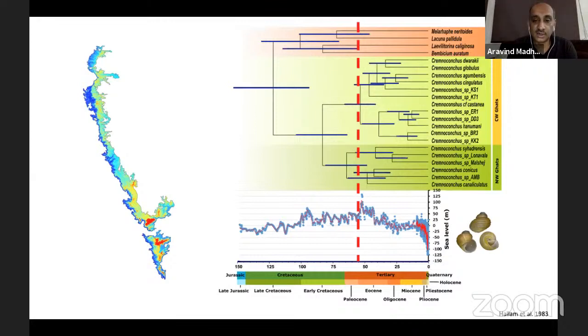And around that time, 65 million years back, as you can see from the lower panel graph, the sea level was much higher than what you see right now. Sea level was around 90 to 100 meters higher 65 million years back compared to the present day.